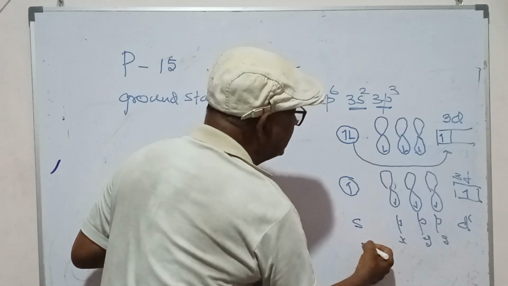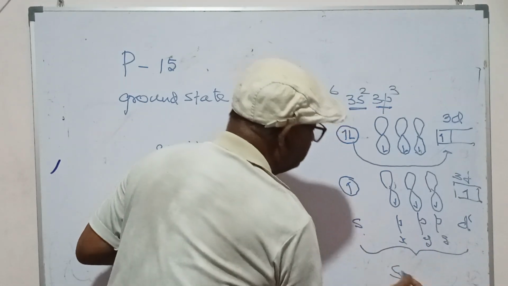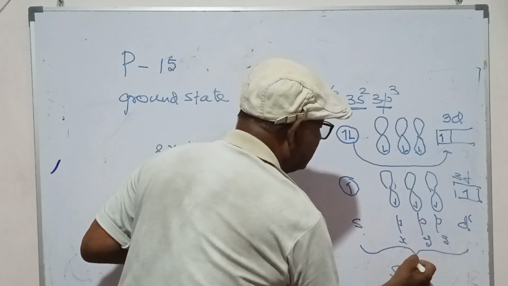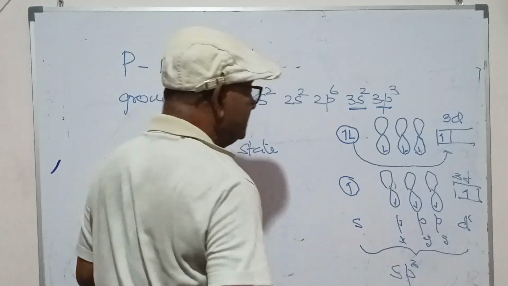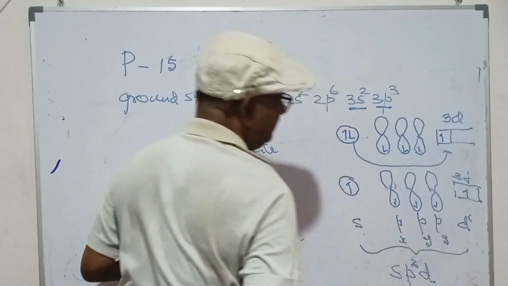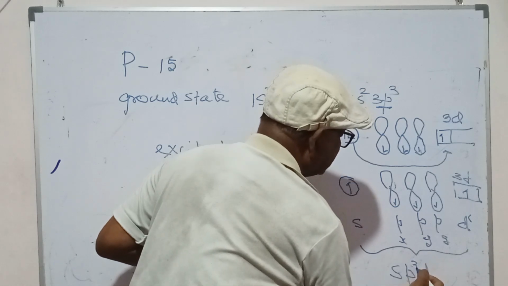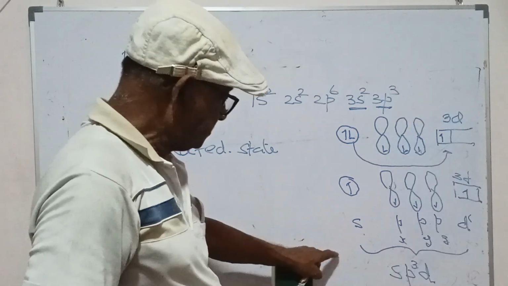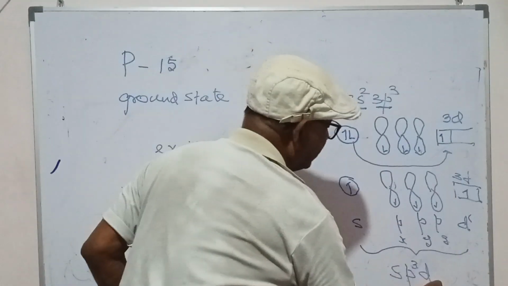So we can explain that type of hybridization as sp3. All the three p orbitals participate with the d orbital also. Then this type of hybridization can be explained as sp3d type of hybridization.